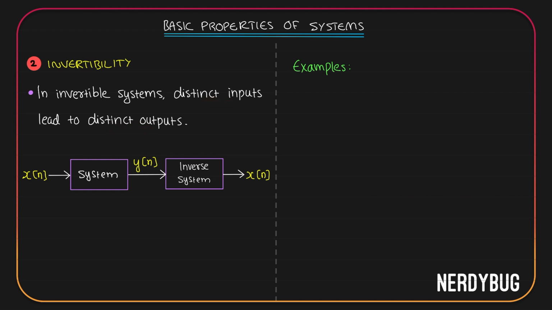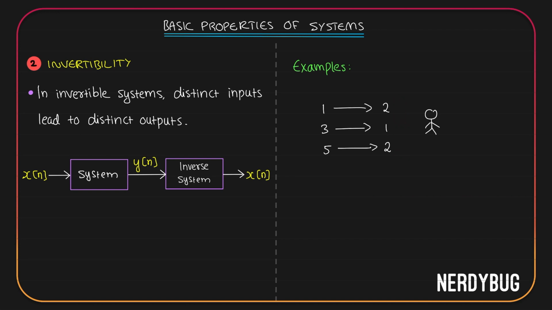For example, let us say there is a system. If I give 1 as input, it gives 2. If I give 3 as input, it is giving 1. If I give 5 as input, it is again giving 2. Now I am standing over here, looking at the outputs 2, 1, 2.